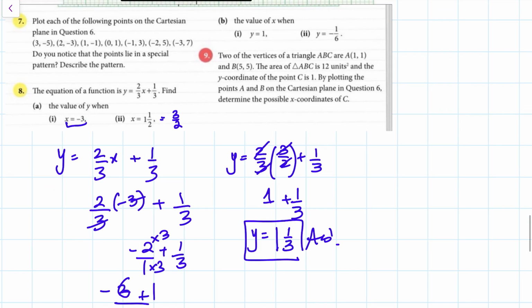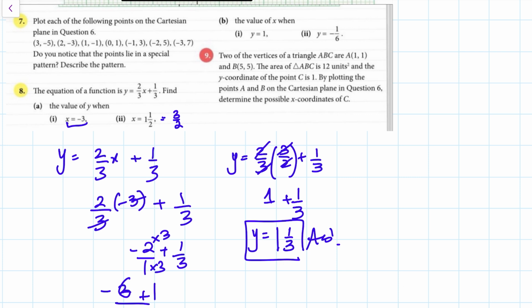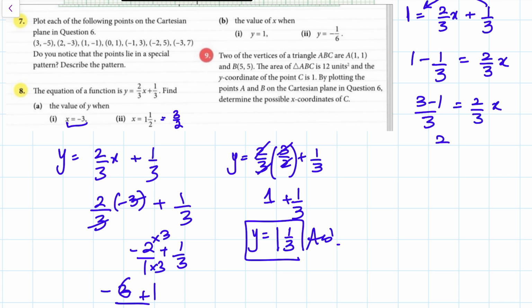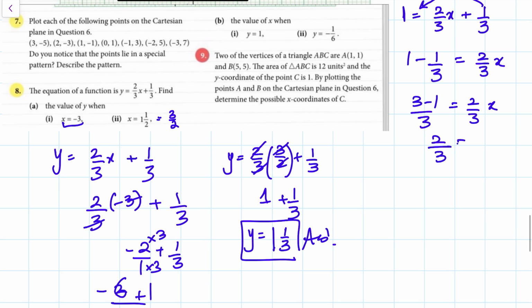Now let's look at the value of x when y is 1. Let's take it to the other side and minus, LCM. Now it cancels out, so x equals 1.